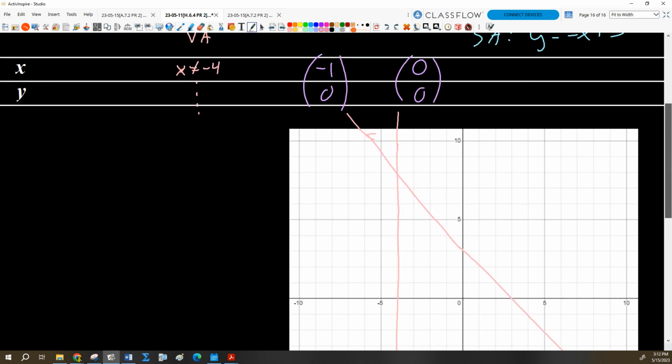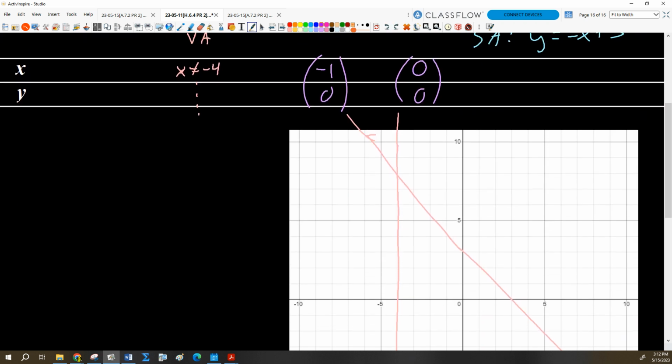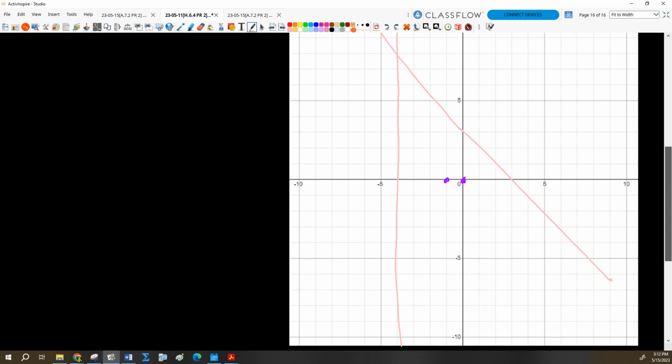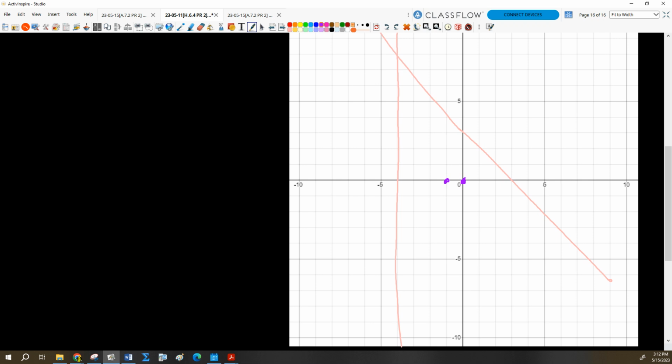So if I plug these points in, negative 1, 0 is right there. 0, 0 is right there. Can anybody tell me what this function is doing to the left or to the right of this vertical asymptote? Think about what this behavior's got to be, and you've got to kind of think in terms of a puzzle. There we go.